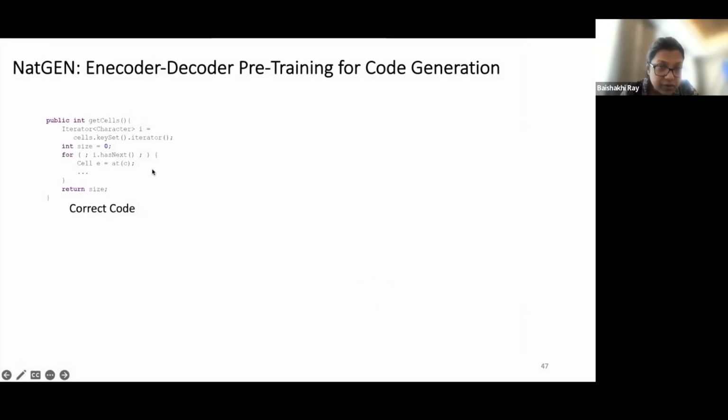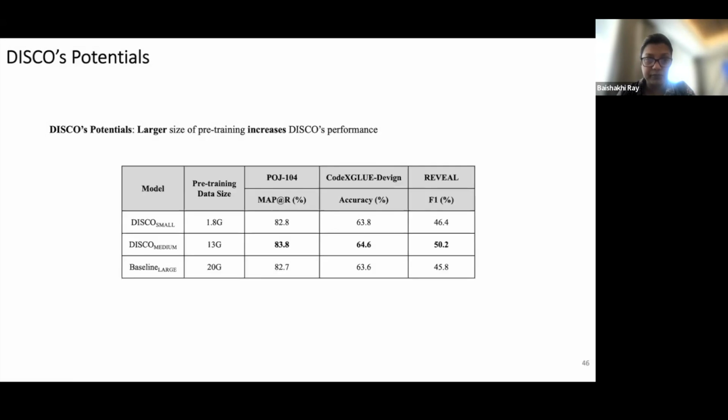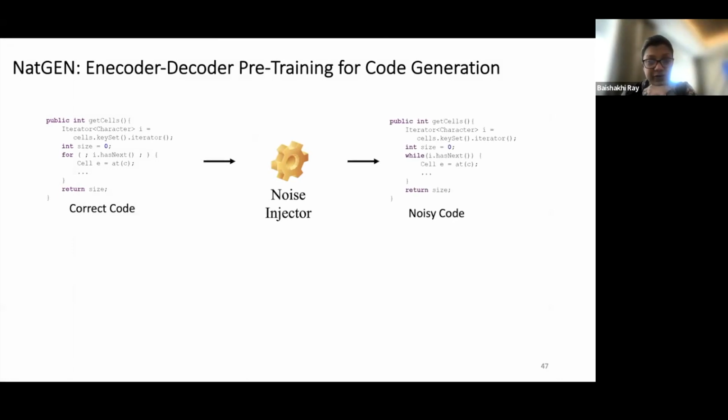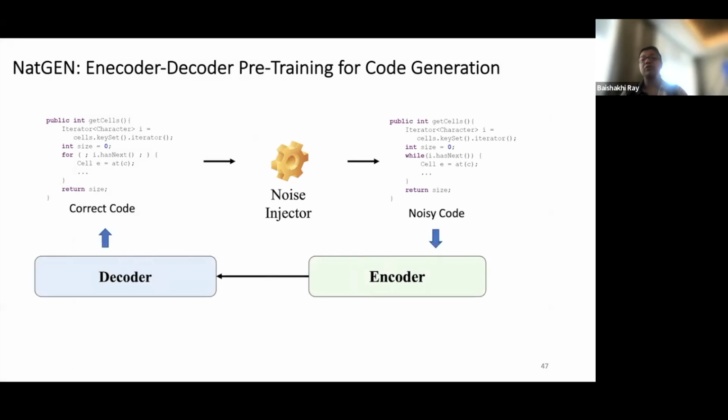All right. Now I want to quickly show how in the decoder setting, or code generation setting, we can also do code-aware pre-training. So here we have this typical encoder-decoder setting, where we took correct code, we inject some noise to generate noisy code, and then this noisy code is taken by the encoder, and the decoder's job is to denoise the noisy code to get back the correct code.